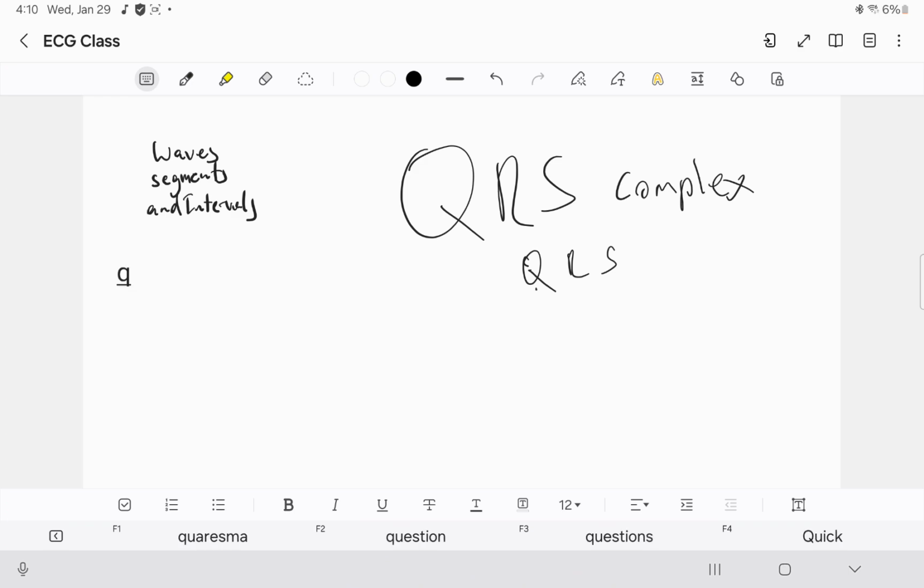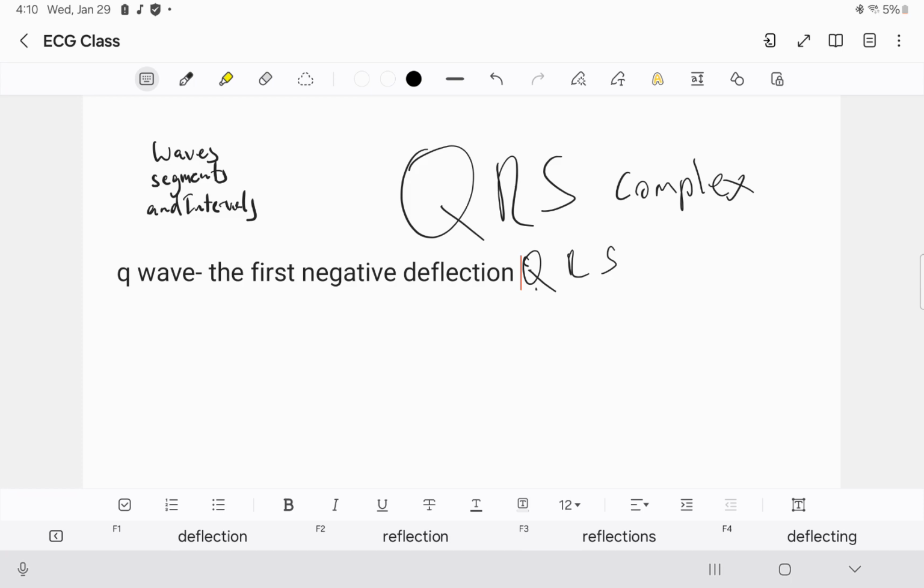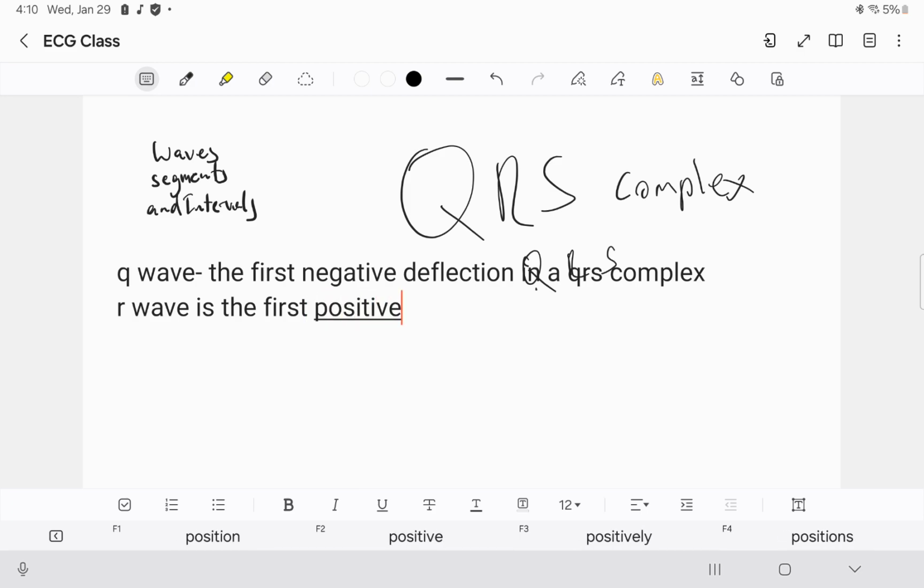So a Q wave is the first negative deflection in a QRS complex, and an R wave is the first positive deflection in a QRS complex, right?